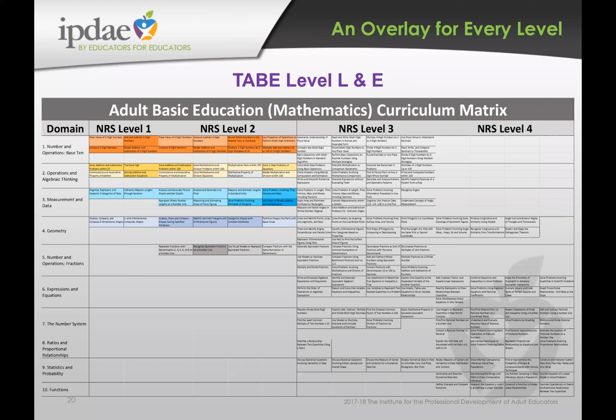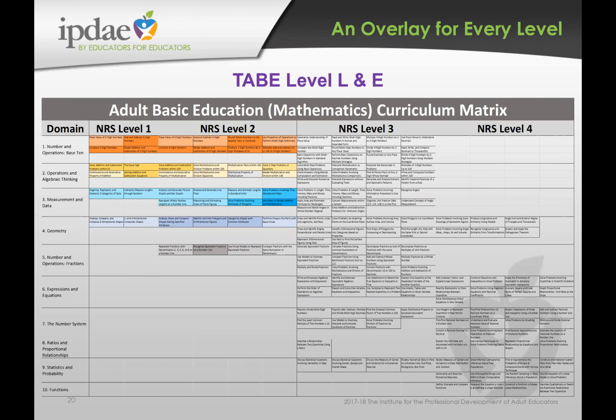There's a TABE overlay that only colors that side, so you're only focusing on levels 1 and 2 of the matrix, and the rest is plain white. You're still seeing the entire matrix, but what's clearly differentiated for you in terms of color and emphasis is really levels 1 and 2.